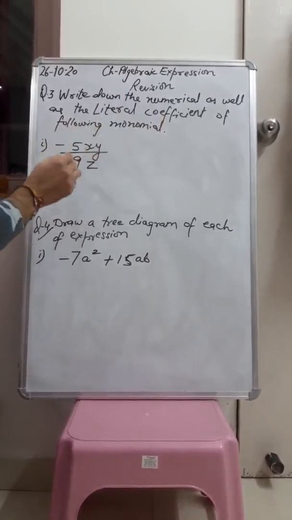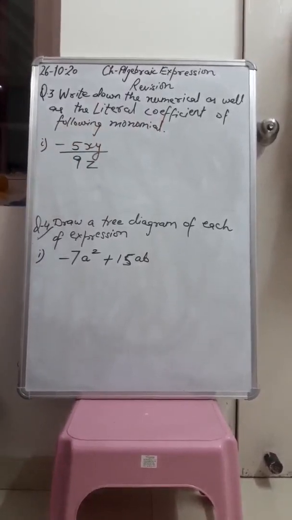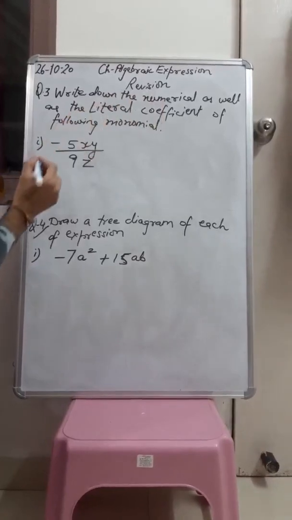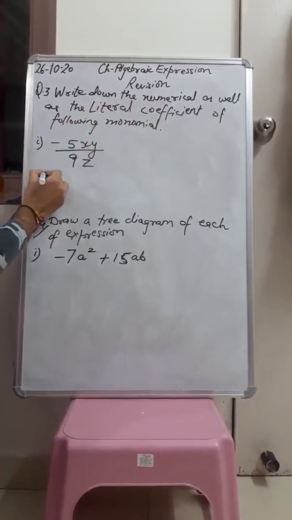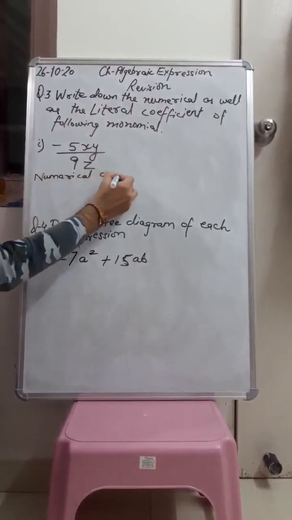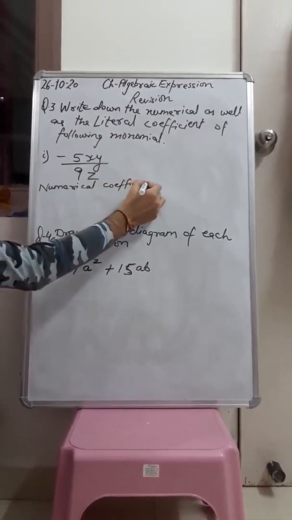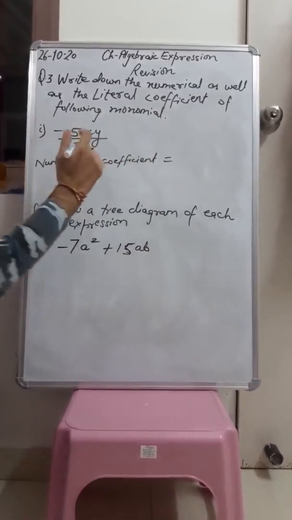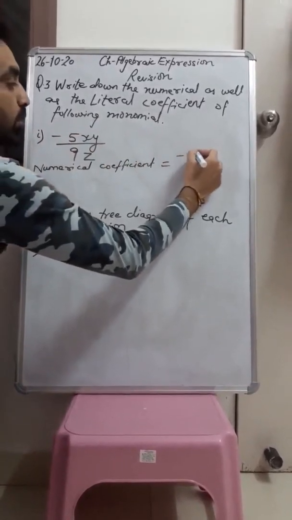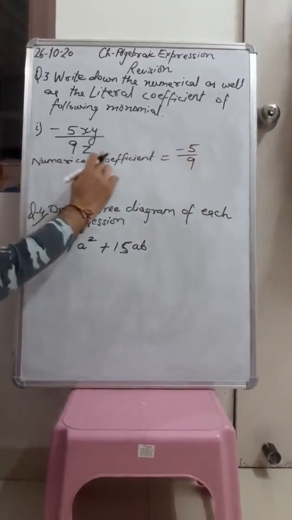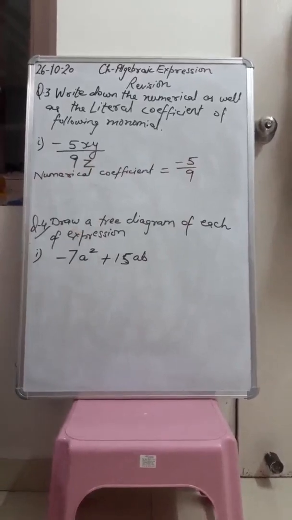In this monomial term we have been asked to find the numerical as well as the literal coefficient. So the numerical coefficient will be the number. Here the number is minus 5 upon 9. So minus 5 upon 9 is your number coefficient, that is the numerical coefficient.